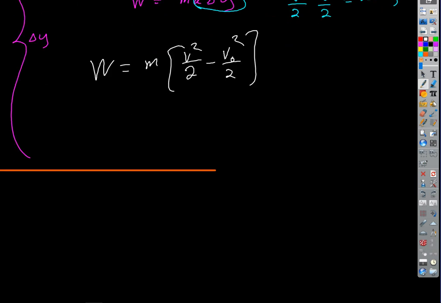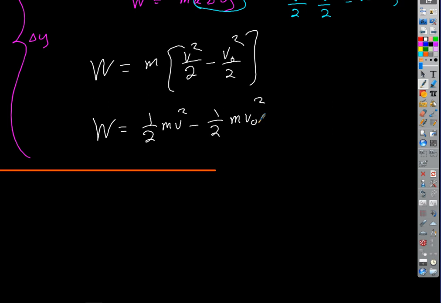If I distribute the m and pull the 1/2 out front, we write that as 1/2 mv squared minus 1/2 mv naught squared. Does that make sense? That's v sub 0 squared.